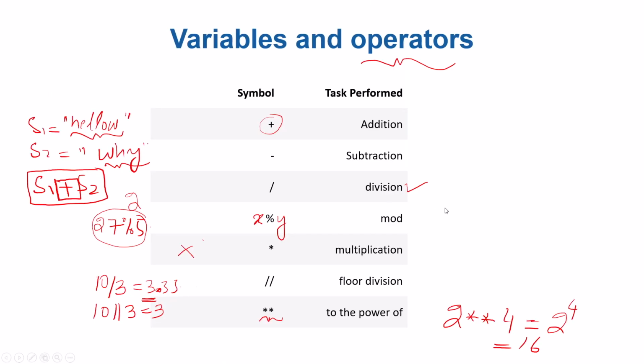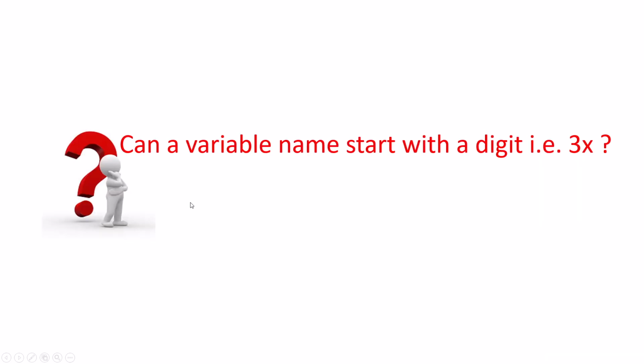We will see the operators more and more later on, but before ending this video, I leave you with a question. We saw variable names like sum of a and b, x, y. Variable names can be lengthy, descriptive, or short. So the question really is, can a variable name start with a digit?